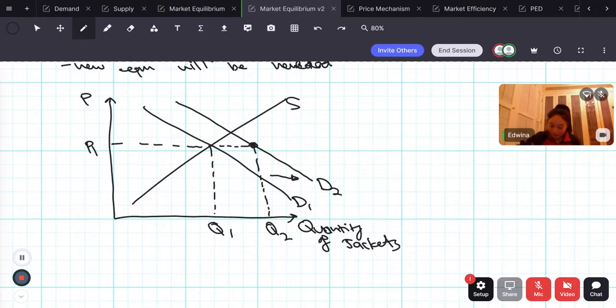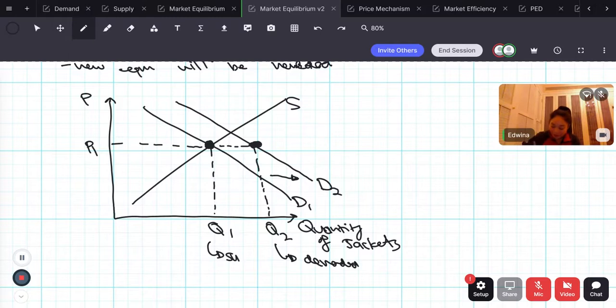As you can see, it's where quantity demanded is. However, temporarily, quantity supplied remains at Q1 when it's P1. Because P1 intersects D2 right here, whereas P1 intersects supply right here, meaning that temporarily, this is demanded.